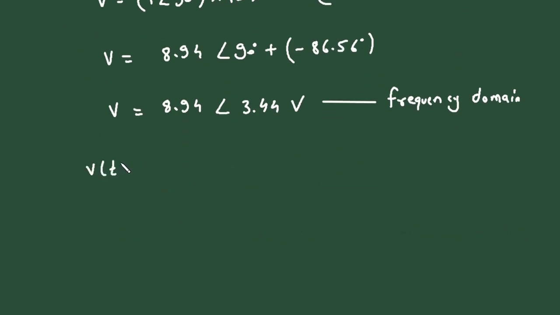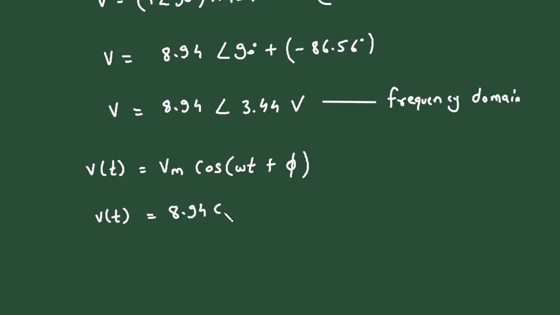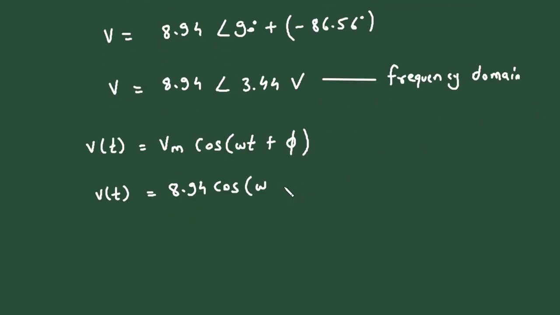So this will be V of t is equal to Vm cos omega t plus phi. So therefore V of t is equal to, the value of Vm is 8.94 cos omega t. The value of omega is 10.